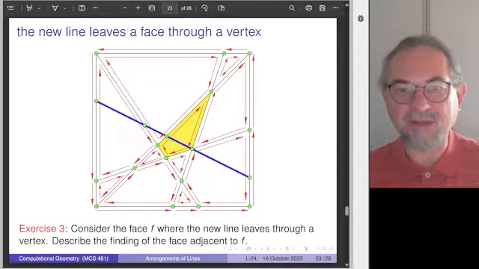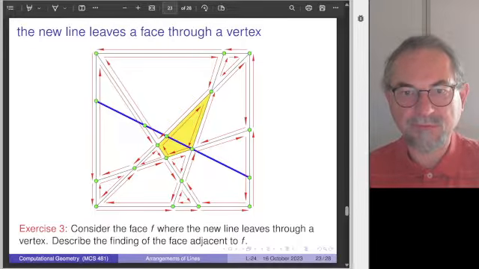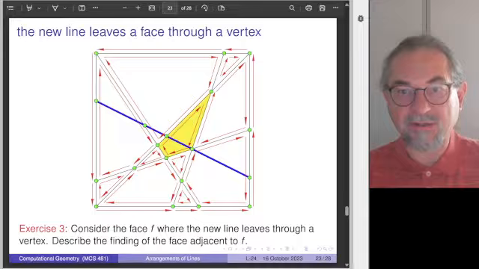If you look at the twins, you may end up at two other faces that actually are not adjacent. So there is some thought that needs to go into that. You have to consider all the edges that are incident to the vertex where you leave the face.